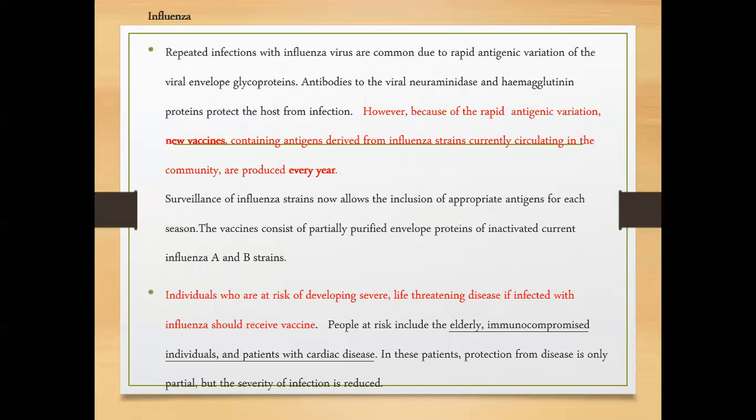Now, next is influenza. Repeated infections with influenza virus are common due to rapid antigenic variations of viral enveloped glycoproteins.